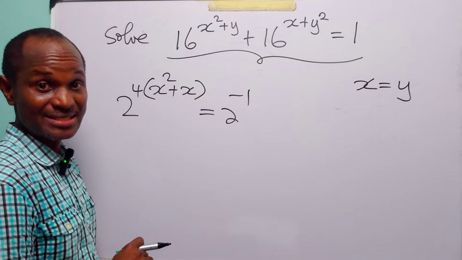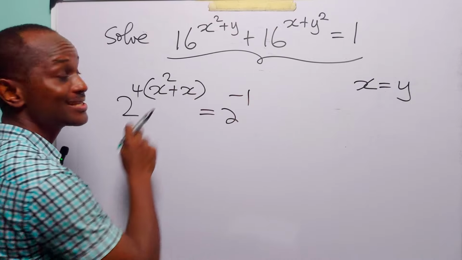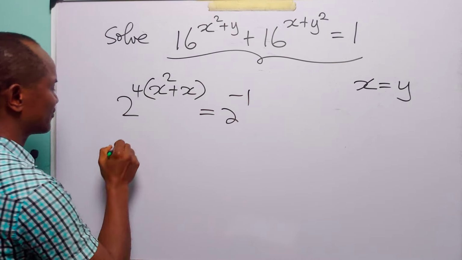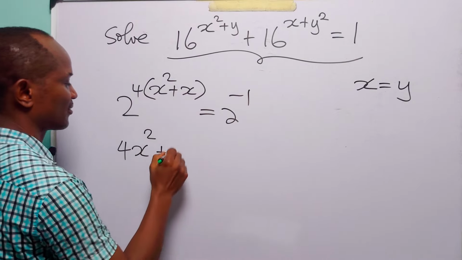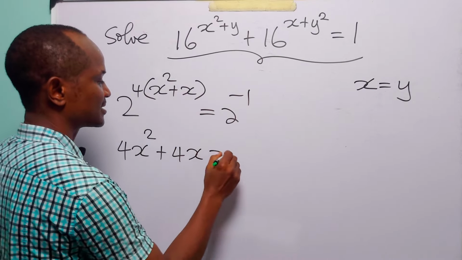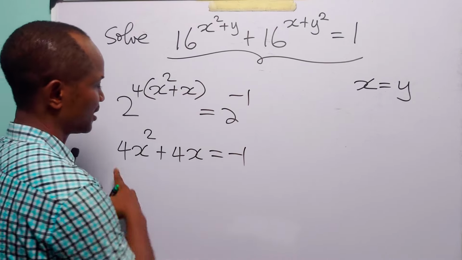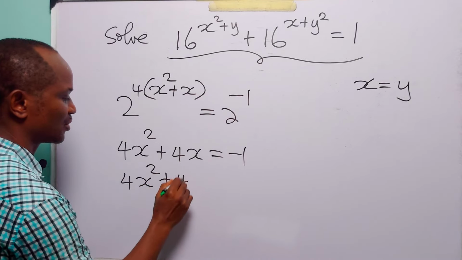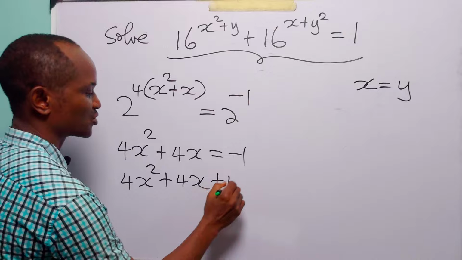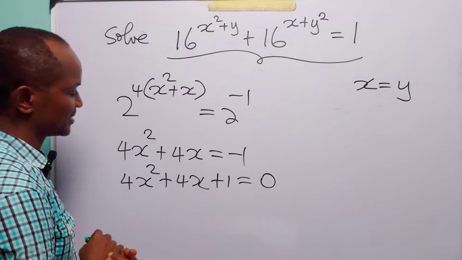And of course, since the bases are the same, we can equate the exponents. So we have that 4x squared plus 4x is equal to minus 1. From here, we have that 4x squared plus 4x plus 1 is equal to 0.